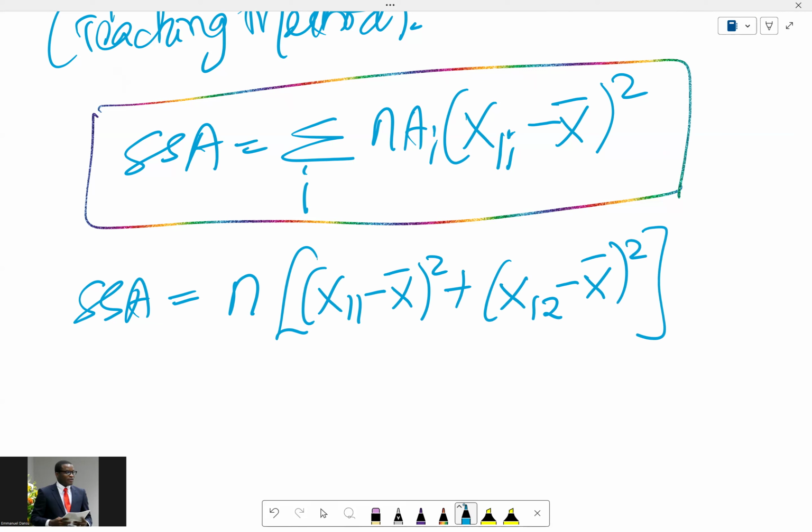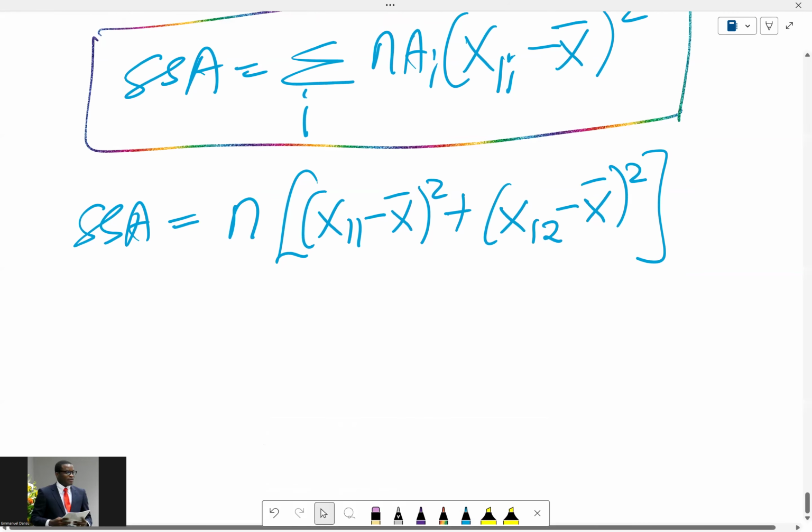Now, from what we've done already, we have N equal to 10, so 10 observations.